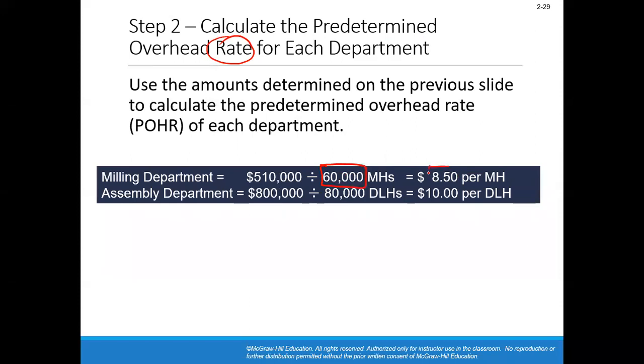In that case, we get a rate of $8.50 per machine hour. Note it. For the assembly department, as it is labor intensive, we divide the total manufacturing overhead cost by the number of direct labor hours, which is 80,000. We get $10 per direct labor hour.